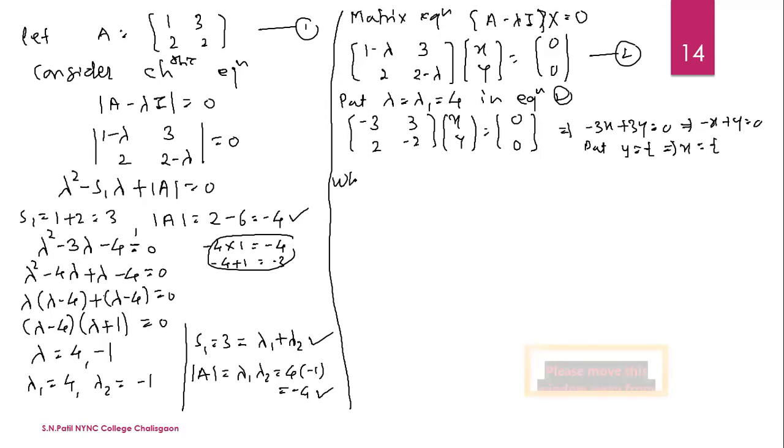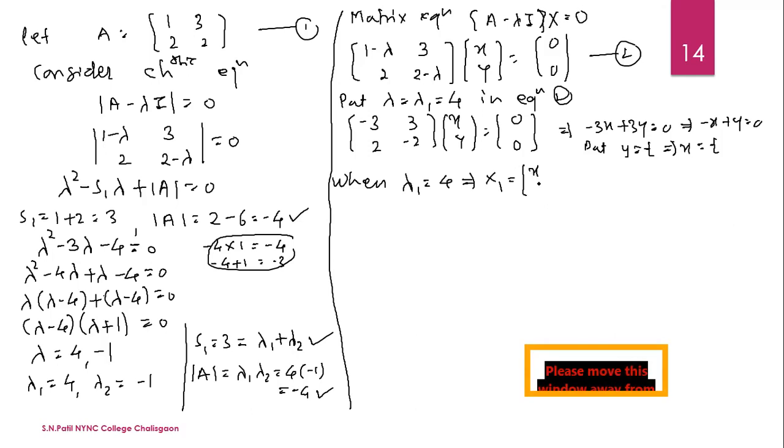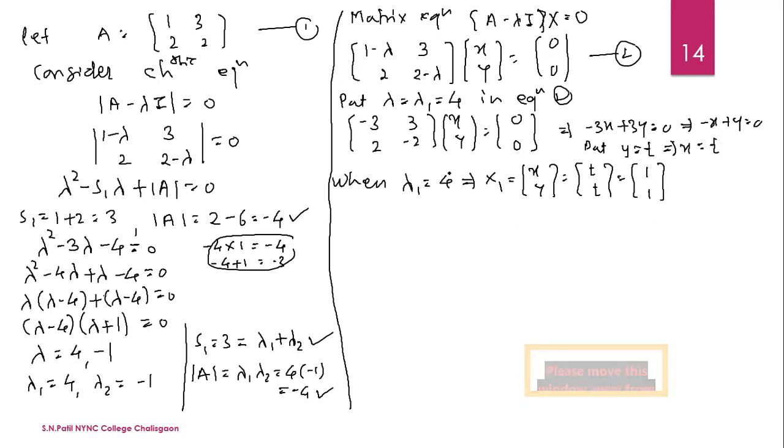When lambda is equal to 4, its corresponding eigenvector x, y is equal to t. Assume t as 1. Okay. So the column vector [1 1] is an eigenvector corresponding to eigenvalue 4.